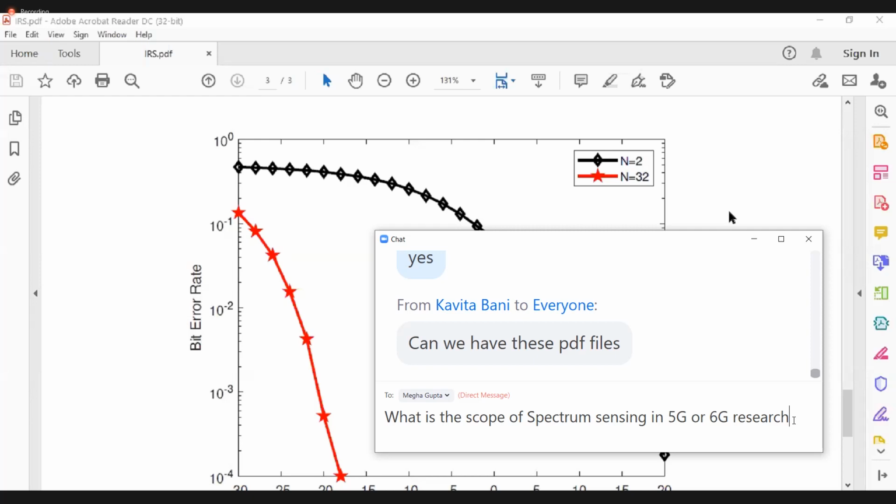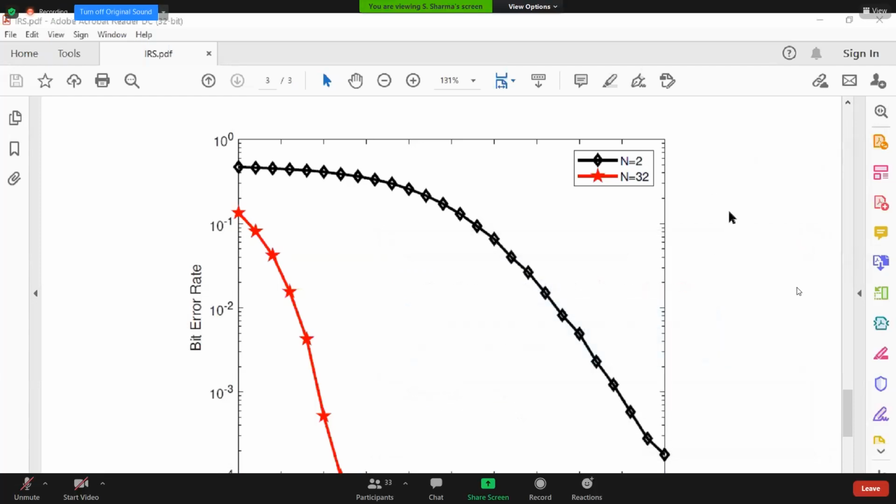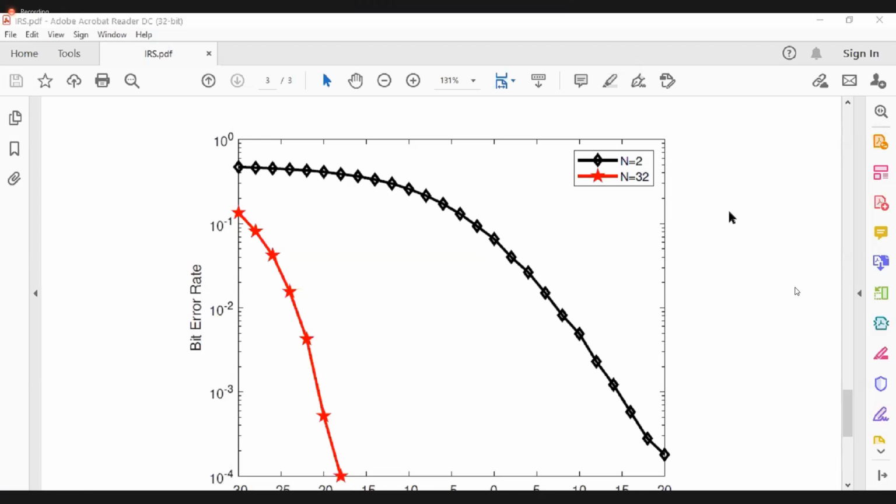Apart from the actual discussion, I would like to ask: most of the participants are faculty working in the wireless domain or MIMO or a similar domain.